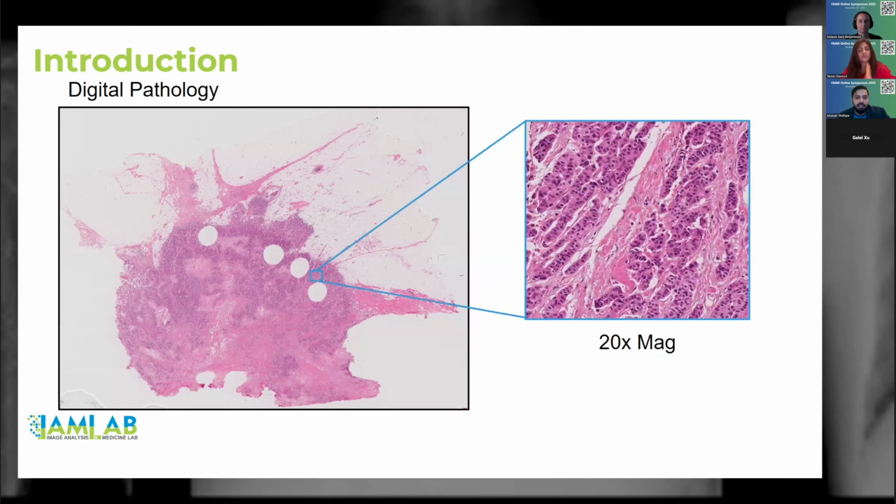The hardware we have is not able to compute the whole slide as a whole. So what we do is divide the big image into smaller tiles in order to process them.